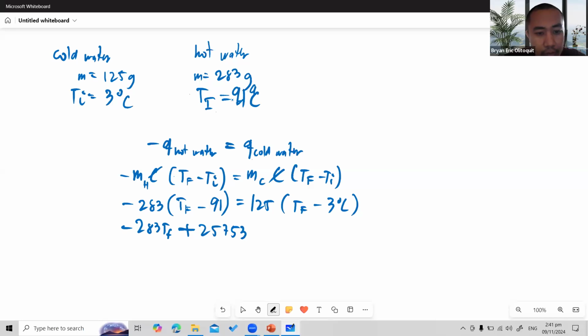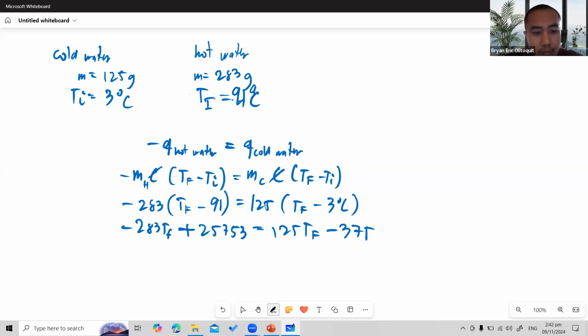Magiging plus na kasi negative times negative, positive. This is equivalent to 125 times 3. So, we have 125 TF minus 375.